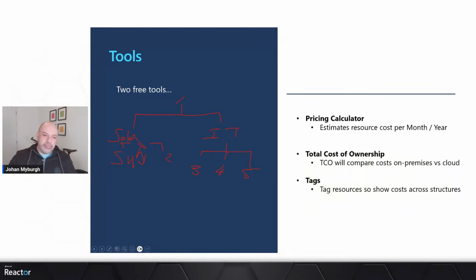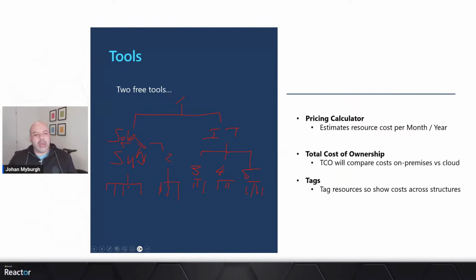And then, of course, inside these subscriptions, I've got resource groups, right? And those resource groups are where the resources actually live. So it's really just a hierarchical structure, or a taxonomy as it's officially known, right? So we've got the structure, and my resources hang off the bottom of that.